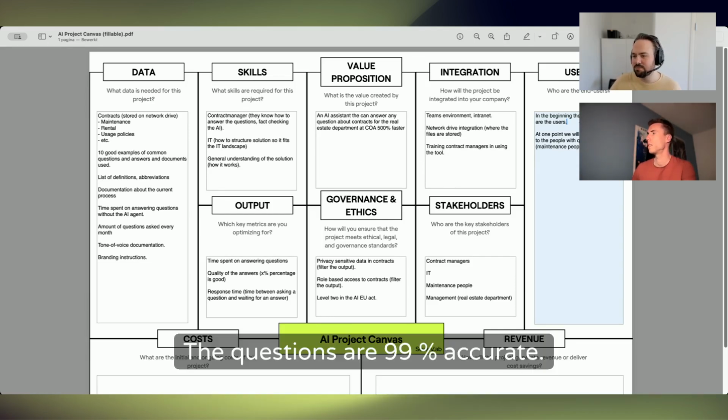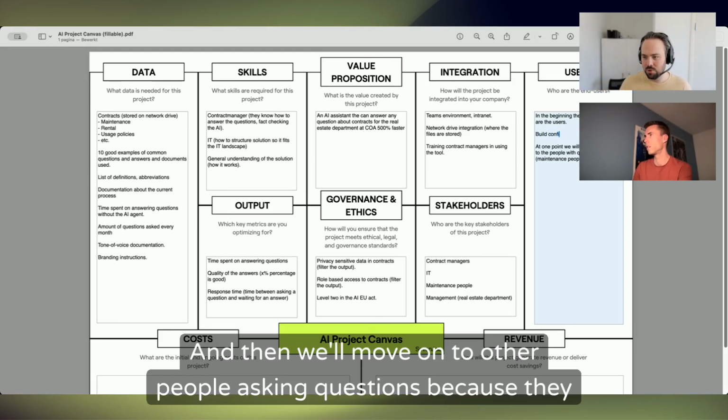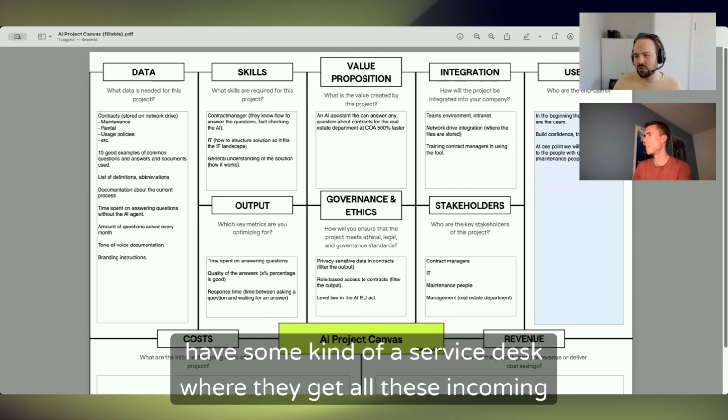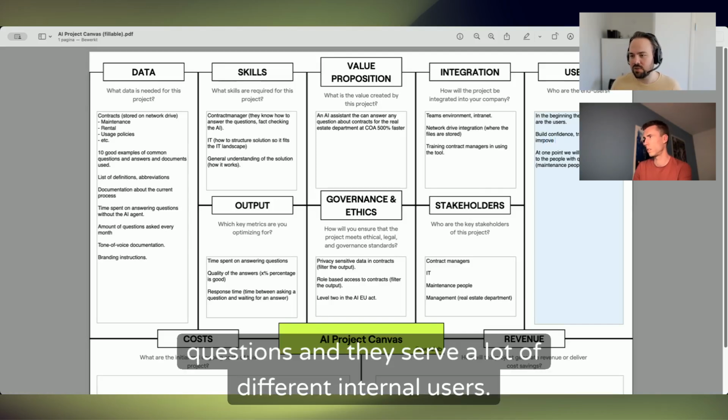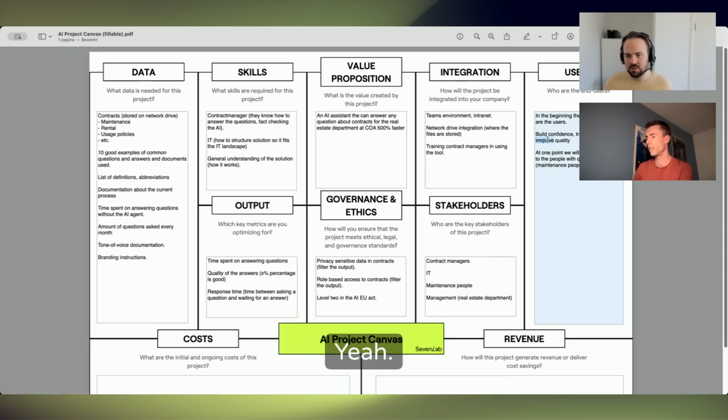The questions are 99% accurate, and then we'll move on to other people asking questions, because they have some kind of a service desk where they get all these incoming questions, and they serve a lot of different internal users and external users.